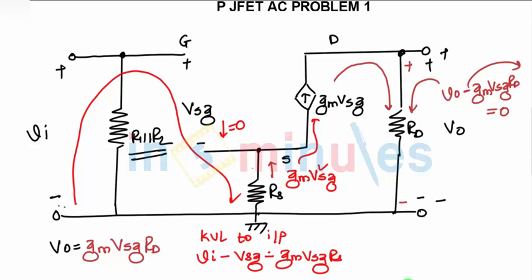This is the equation. This sign should be, actually, since we are writing VSG, this is the negative part and this is the positive part. This is where we made a mistake in P channel. This becomes negative, this becomes positive.